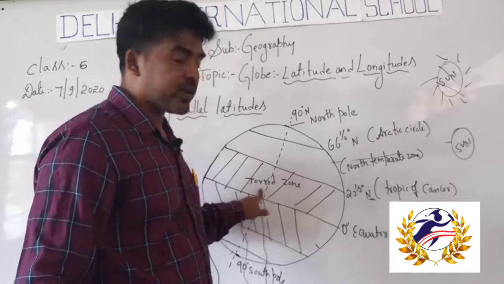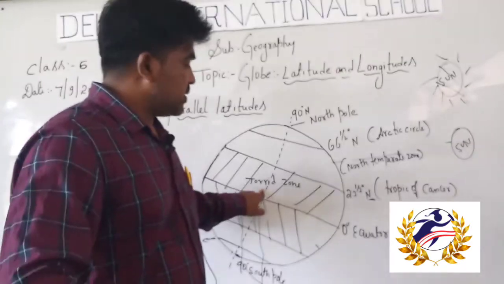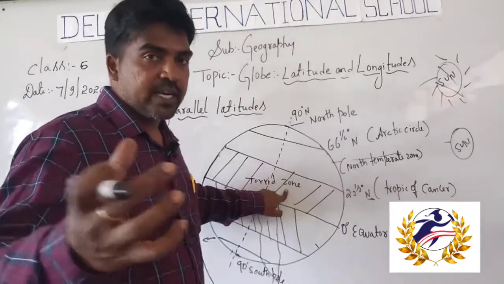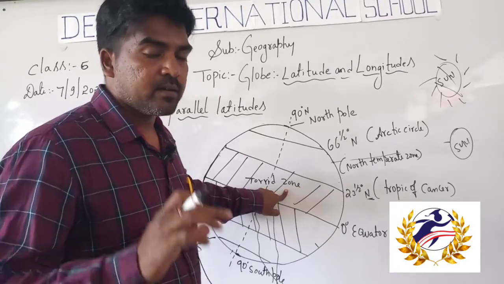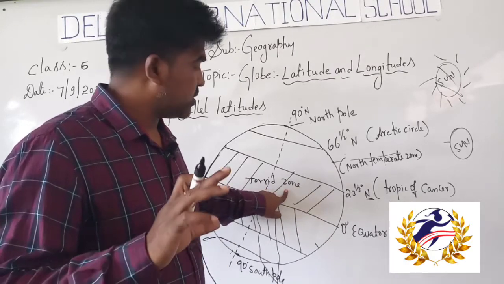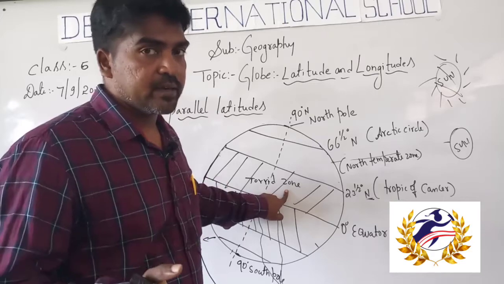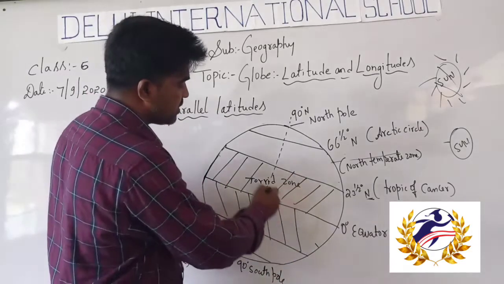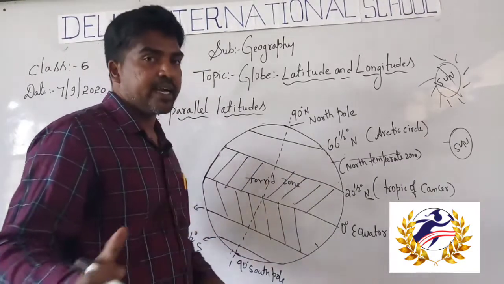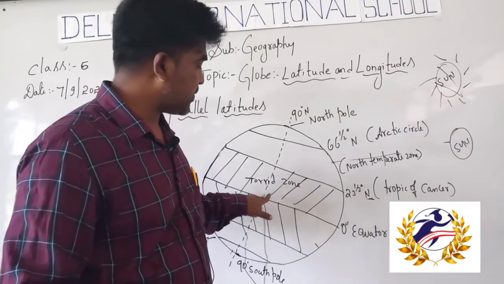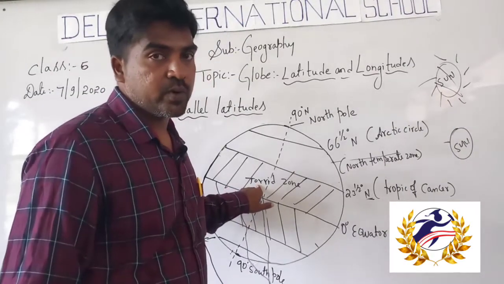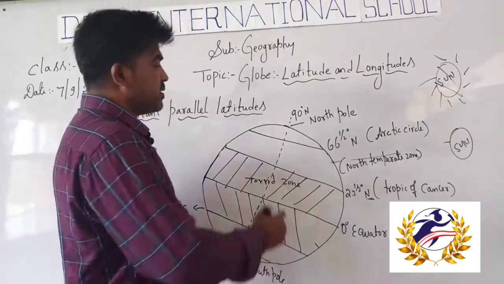What is the meaning of torrid? Torrid means this region of the earth receives direct sun rays throughout the year. That's why we call it the torrid zone.